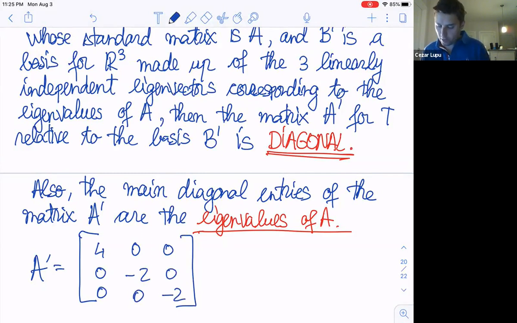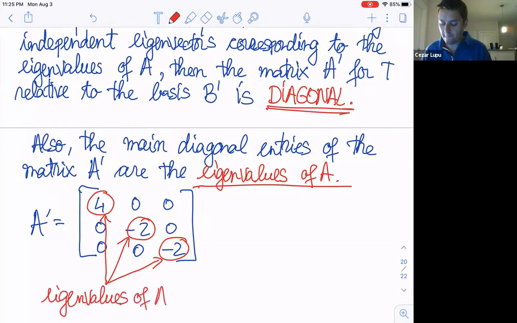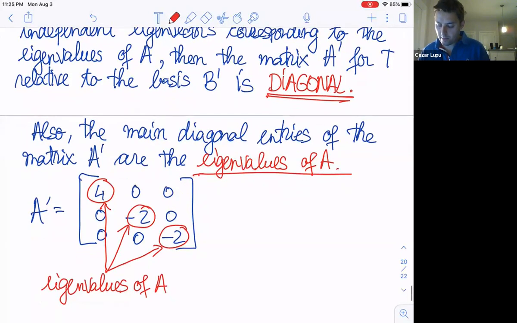Okay. So as you can see here, I have the eigenvalues, these guys here. So these are the eigenvalues of my matrix A.